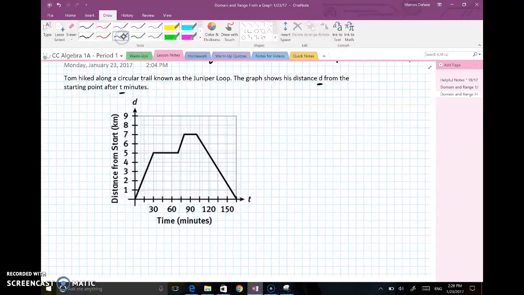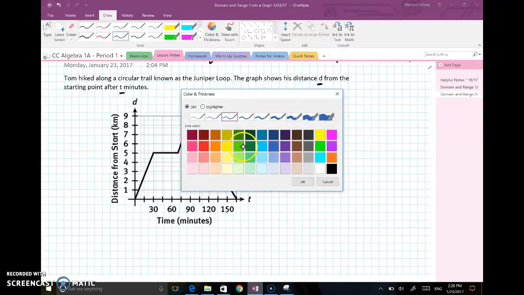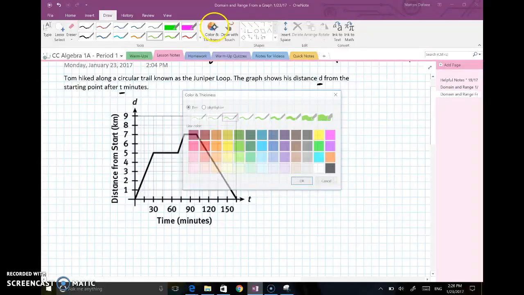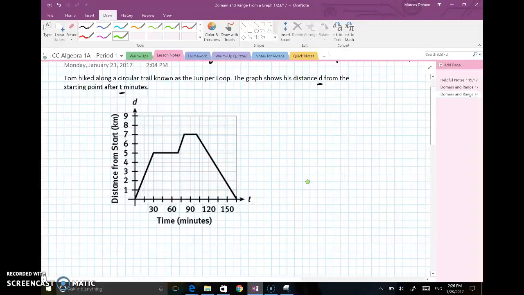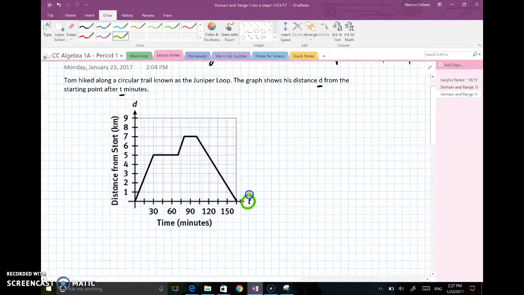So the first thing I want to talk about, I'm gonna change my color here and make sure it's big enough so that we can see it. The domain is always about our inputs, our x's, about our independent variables. In this graph, we don't have an x to look at. We have instead a letter t.